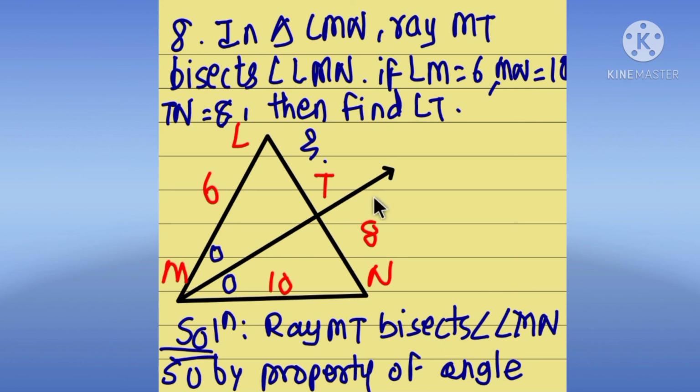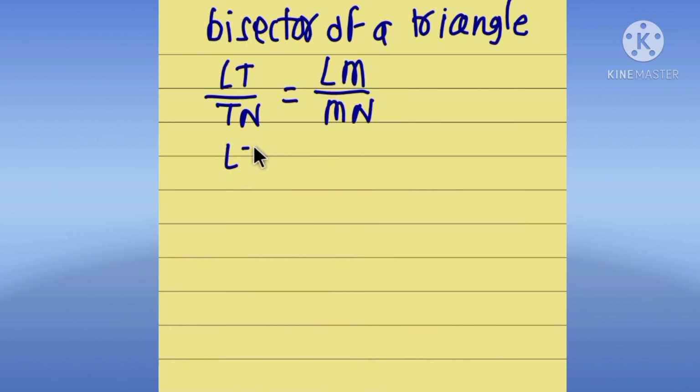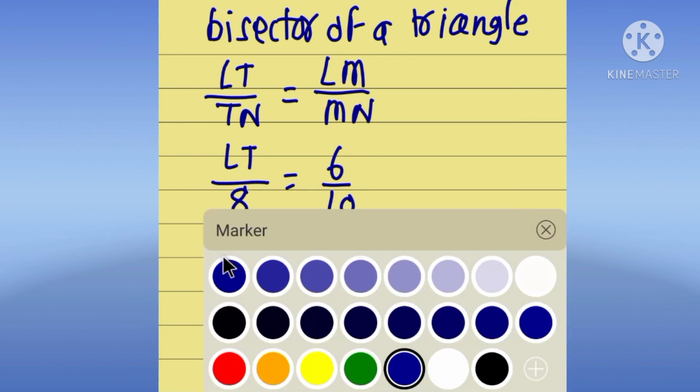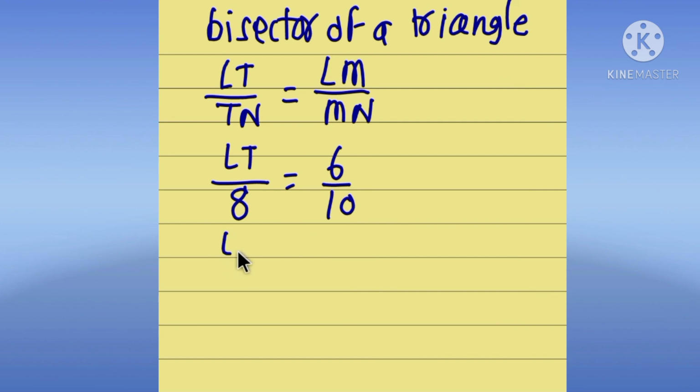Now substitute the measures. LT is not given, so LT upon 8 equal to 6 upon 10. Now we have to do calculations to find LT. How can we proceed from here? We have to do cross multiplication. So LT into 10 equal to 8 into 6.